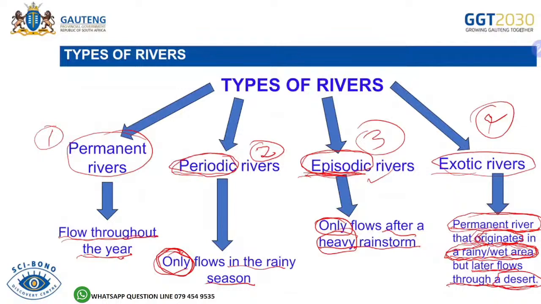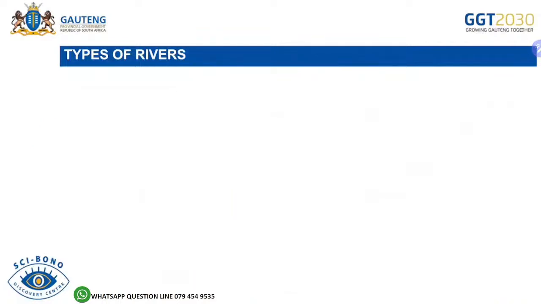So in South Africa, for example, when you look at our high rainfall areas, it would be rivers that flow from the east of the country, because those are the areas that have a high percentage of rainfall. And then such a river would flow onto the west of the country, where it is more of desert areas.